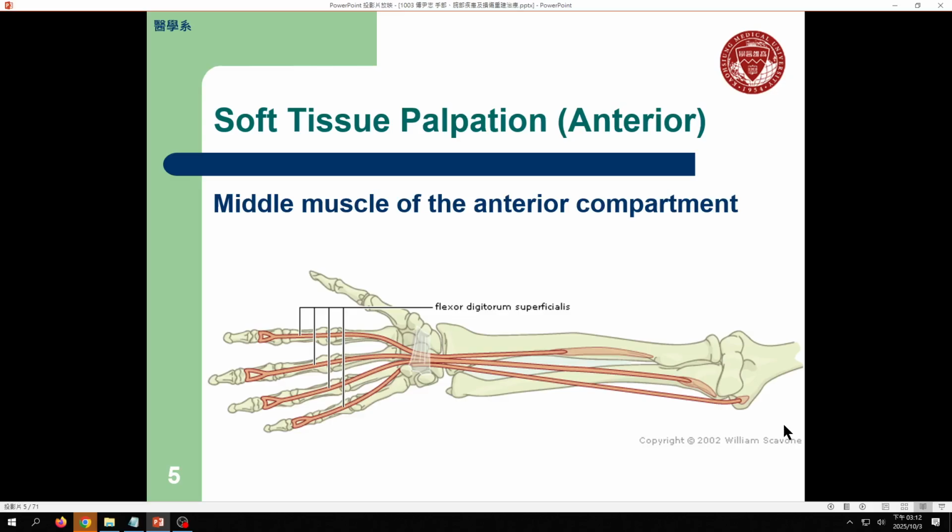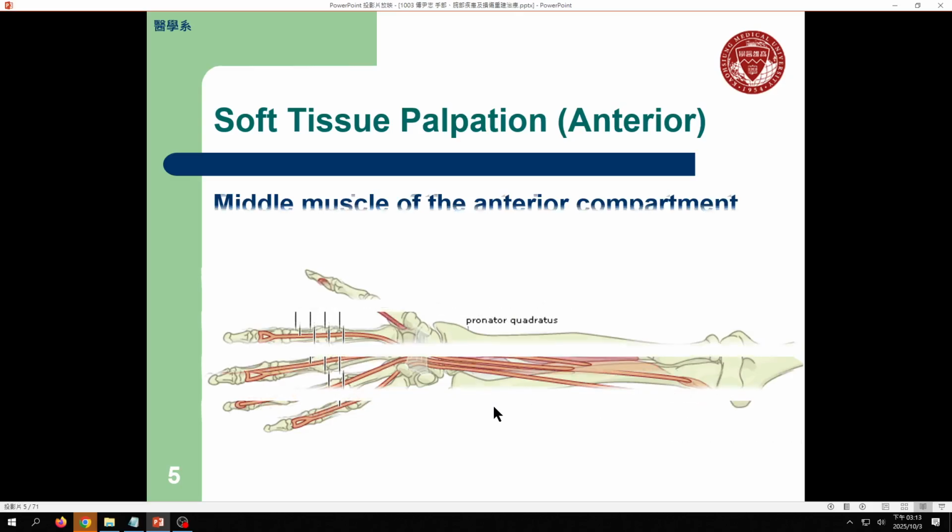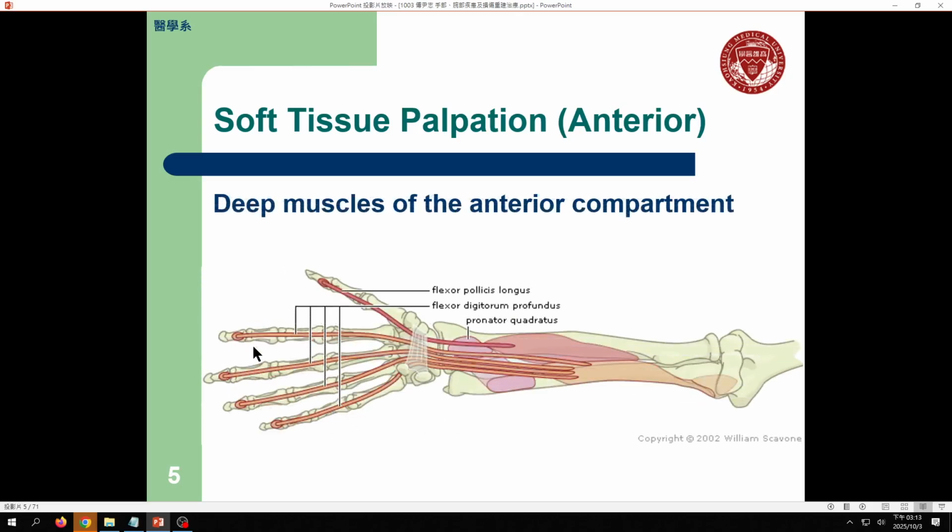And going deeper, the fingers, FDP, all from the proximal side of the elbow. But the distal one, the profundus, is from the middle of the forearm, right?